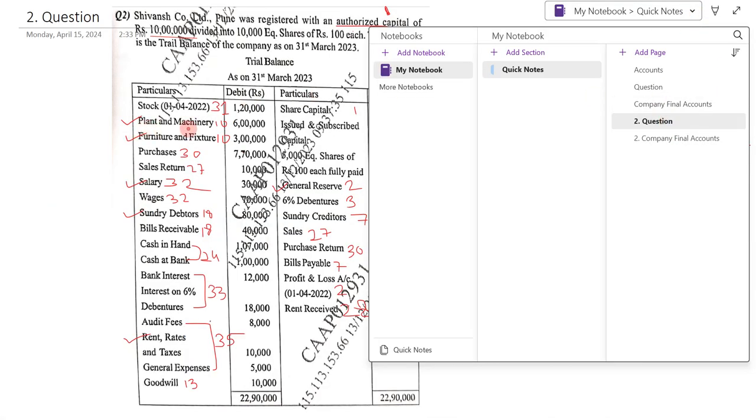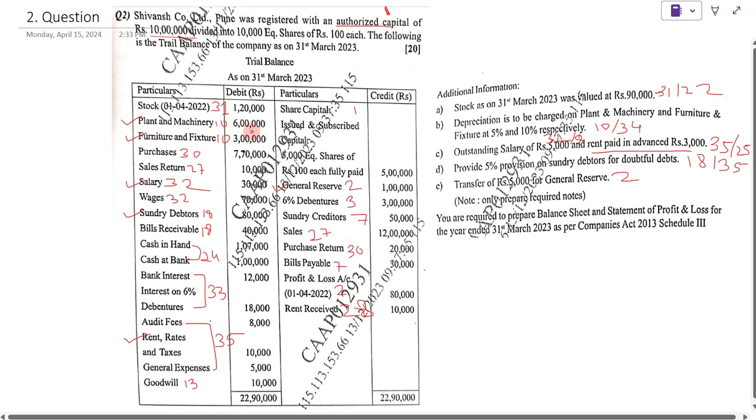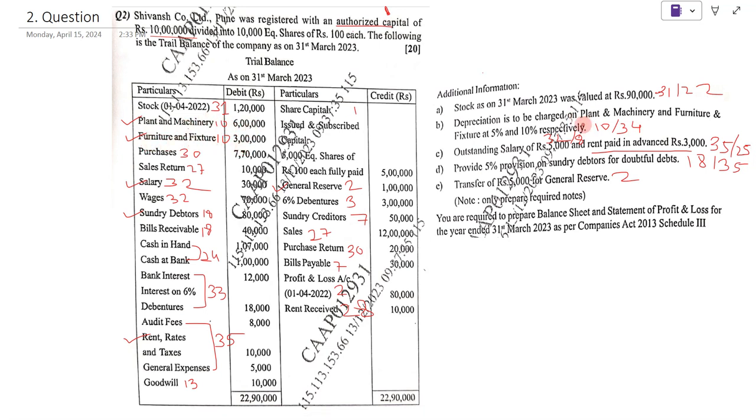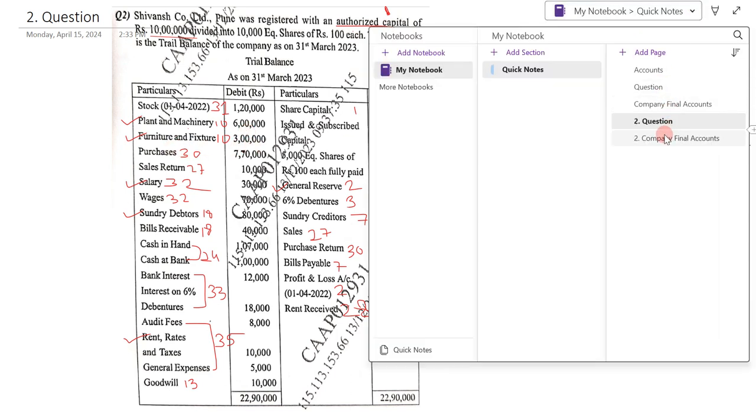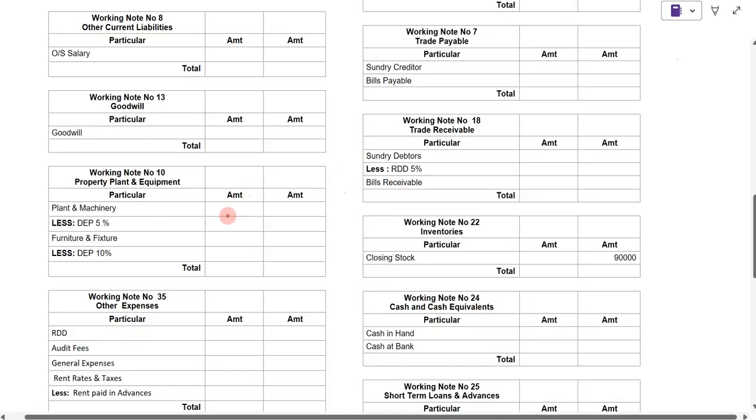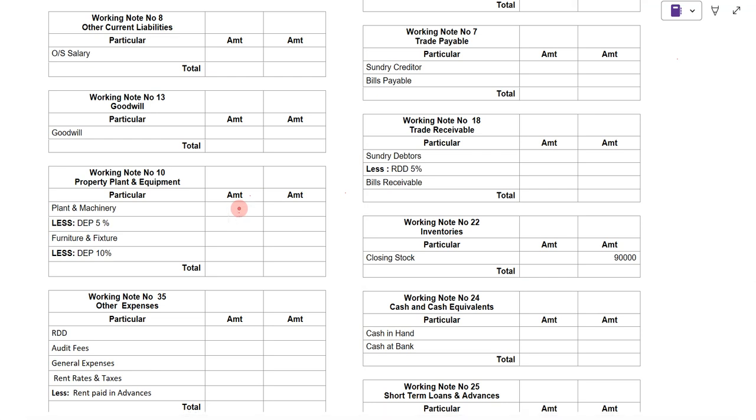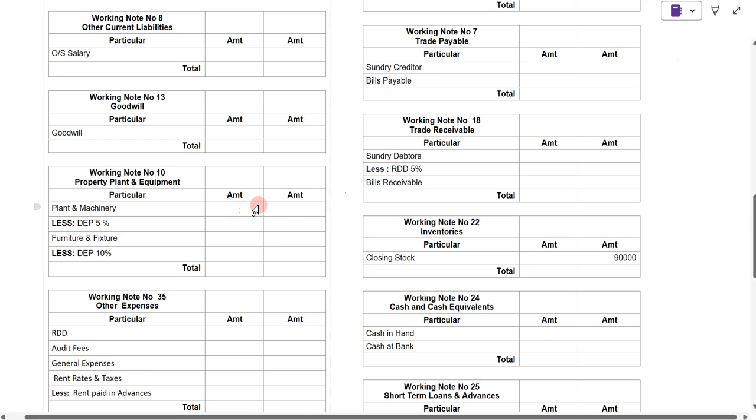Next, plant and machinery. Plant and machinery 6 lakhs, furnitures 3 lakhs. Now what is the depreciation? Plant and machinery 5% and 10% on furnitures. So note number 10.